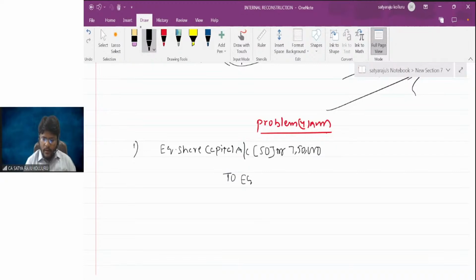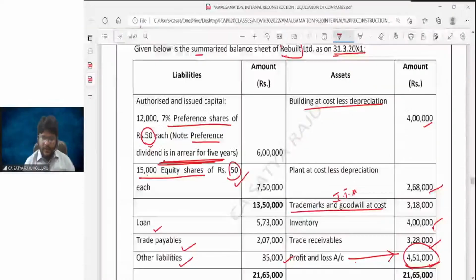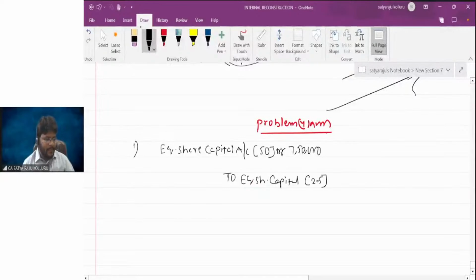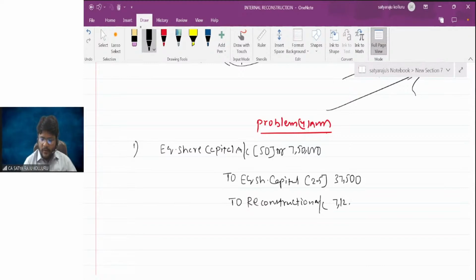To Equity Share Capital Account, new face value 2.5. So 15,000 shares into 2.5, how much is it? 37,500. The remaining you should transfer to Reconstruction Account. So 7,50,000 minus 37,500, Reconstruction 7,12,500. Like this, you should pass the entry.